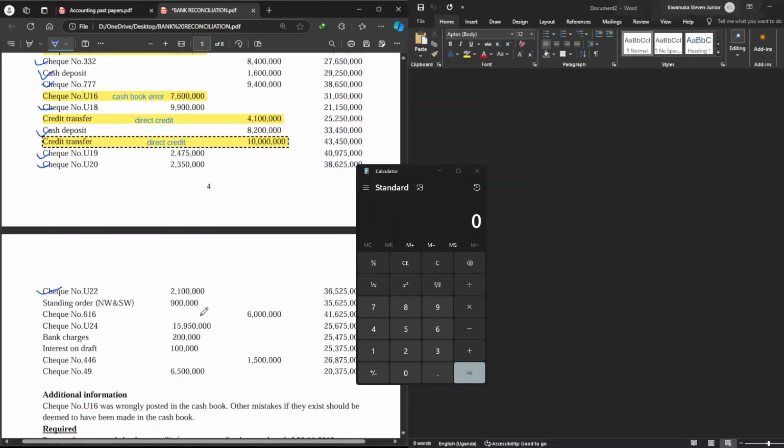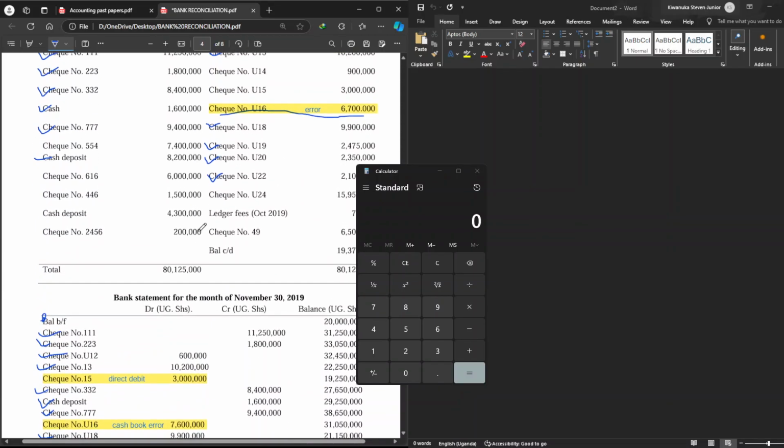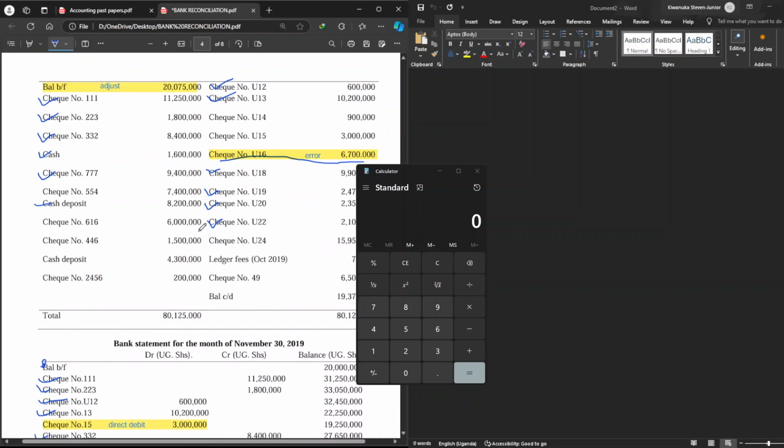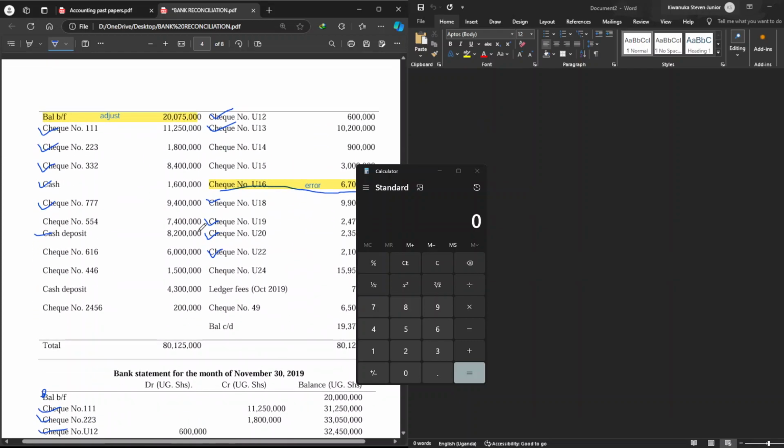We see a standing order, 900. So these standing orders often are not recorded in the cash book because they are automatic deductions. Yeah.